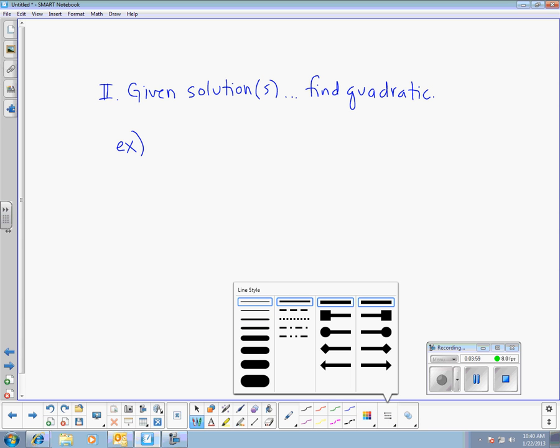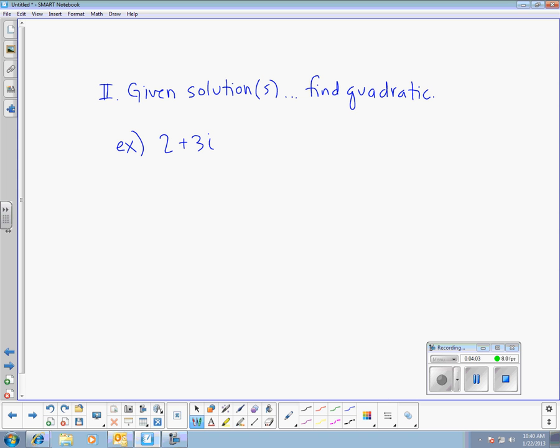Now, what if they give you an imaginary, like 2 plus 3i? Well, first of all, they only have to give you one, because our imaginary, our complex roots always come in conjugate pairs. When you do the quadratic formula, you're always going to have the plus or minus 3i set up before you get to this point.